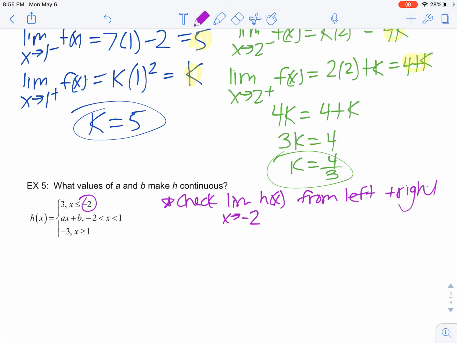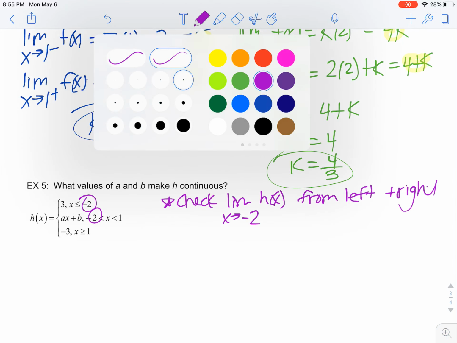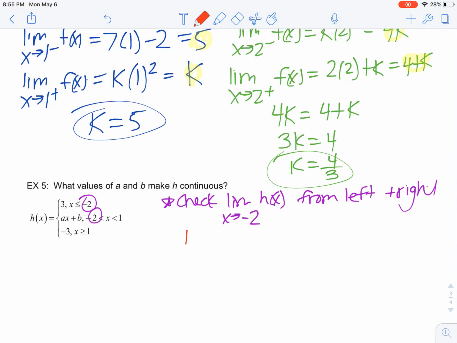So we got kind of like this cutoff point right here. And then I'm going to do the limit as x approaches 1 of h of x from the left and right. So like that cutoff point right there.